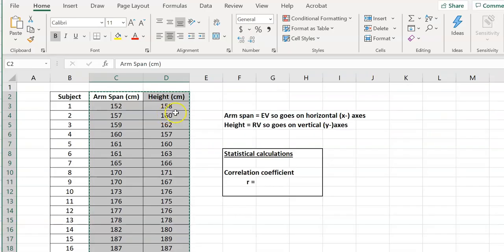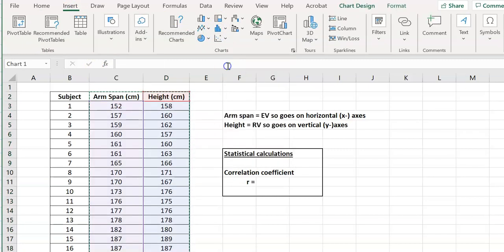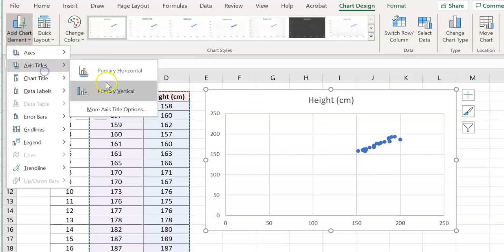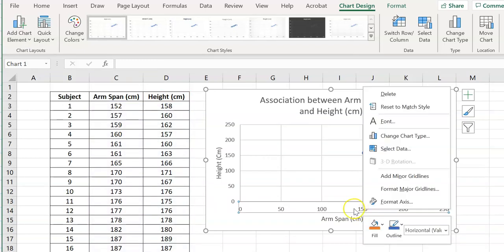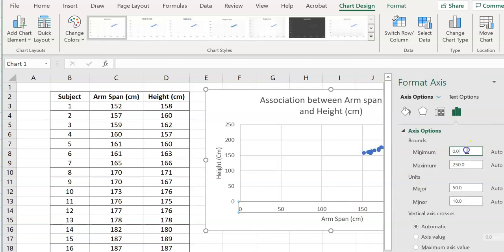Okay, so if you've forgotten how to do a scatter plot, select both columns that you want to graph, insert, scatter, and then do the things like adding in your axes titles. Remember to change your scale: you select the scale you're changing, go to format axis, and change the minimum and maximum.